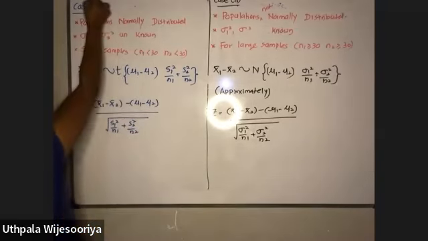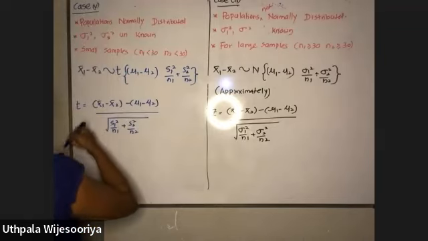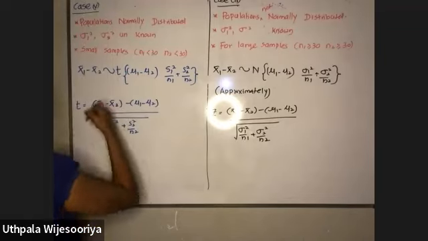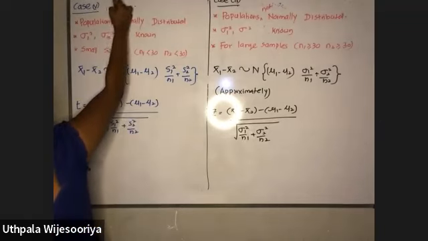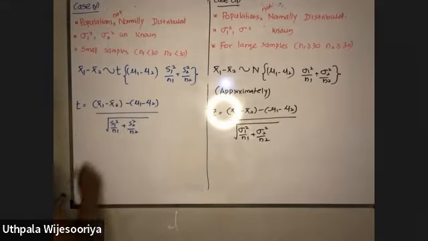Case number 5: populations are not normally distributed, sigma 1 square and sigma 2 square unknown, large samples.